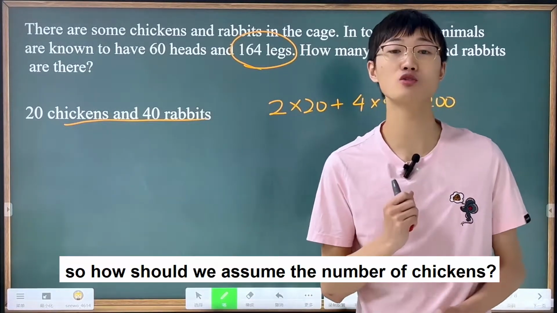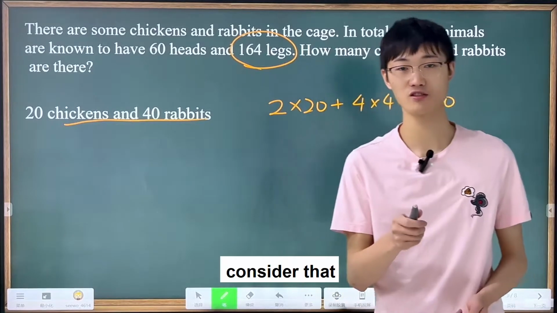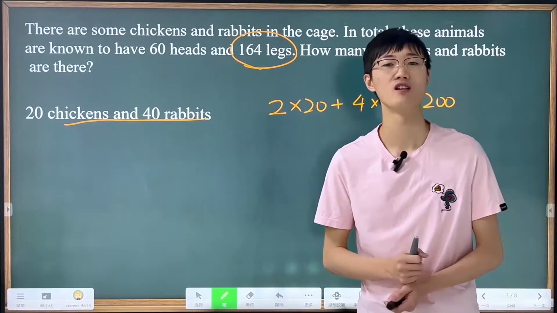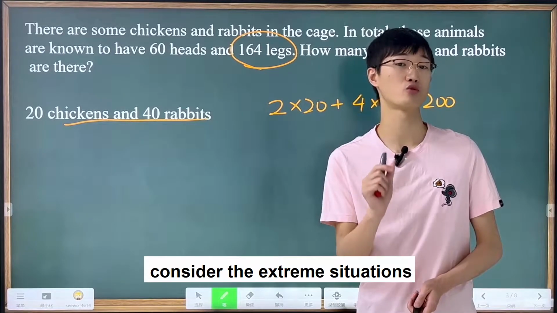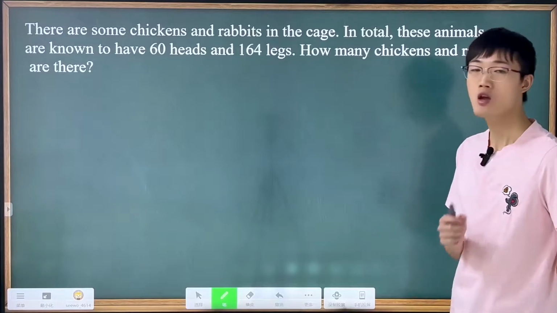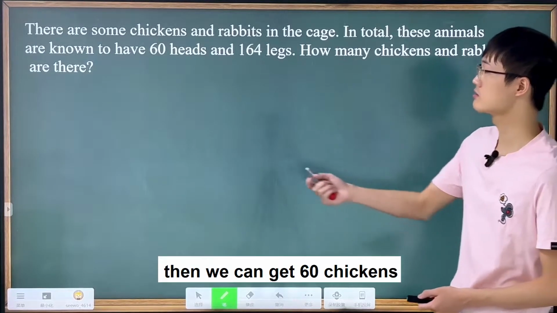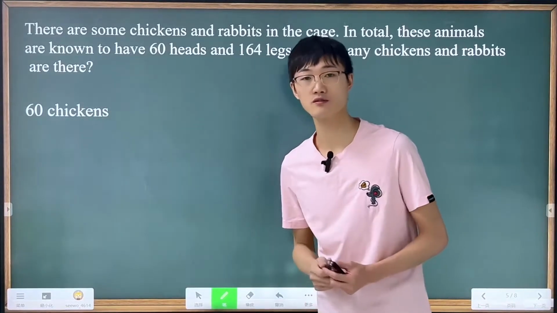So, how should we assume the number of the chickens? Consider the extreme situations. Let's see. We can suppose that all the animals are chickens. Then we can get 60 chickens.